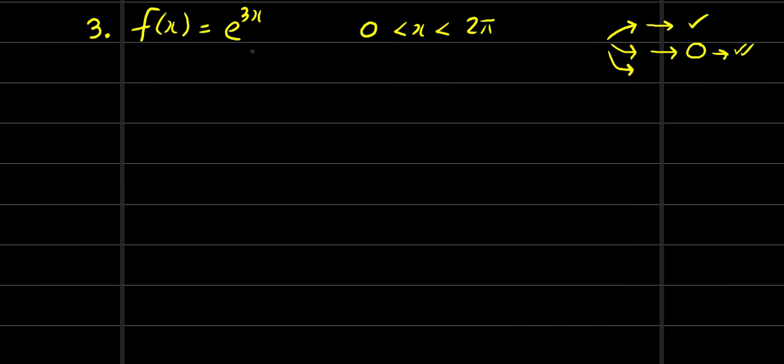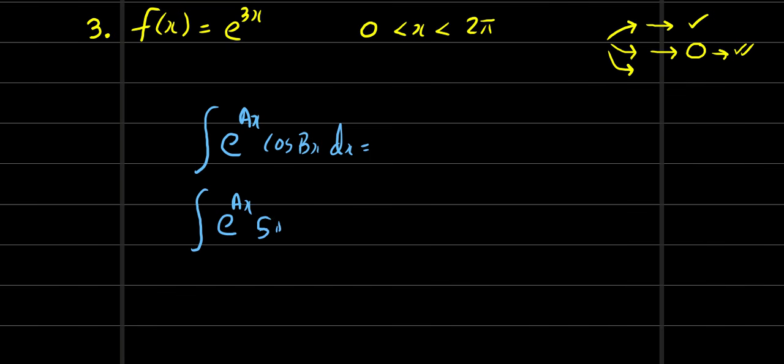In the exponential function, we use the integral of e to the power ax cos bx dx, or we use the formula for e to the power ax sin bx dx directly. The formula goes like this: e power ax the whole divided by a square plus b square, and in bracket.